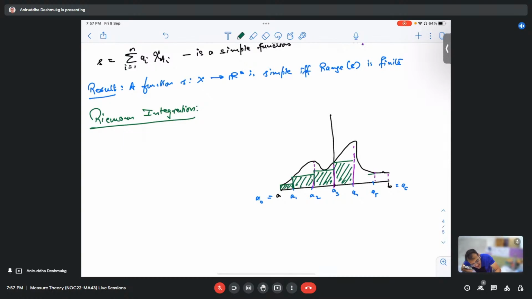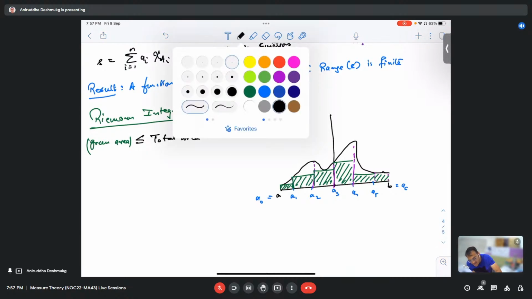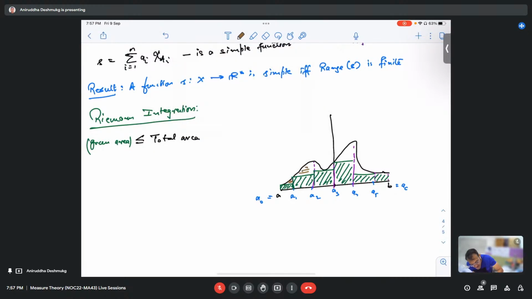And then A4 to A5, this one, and then again this one, right? Yes, sir. And then add them up. We say that the total area should be less than or equal to the green area, correct? Yes, sir. Because in fact, we have left out these brown parts.